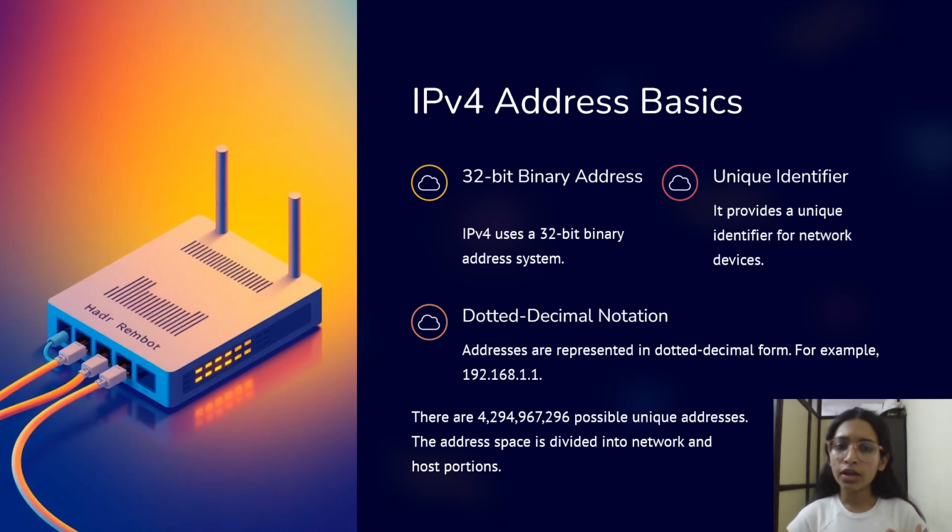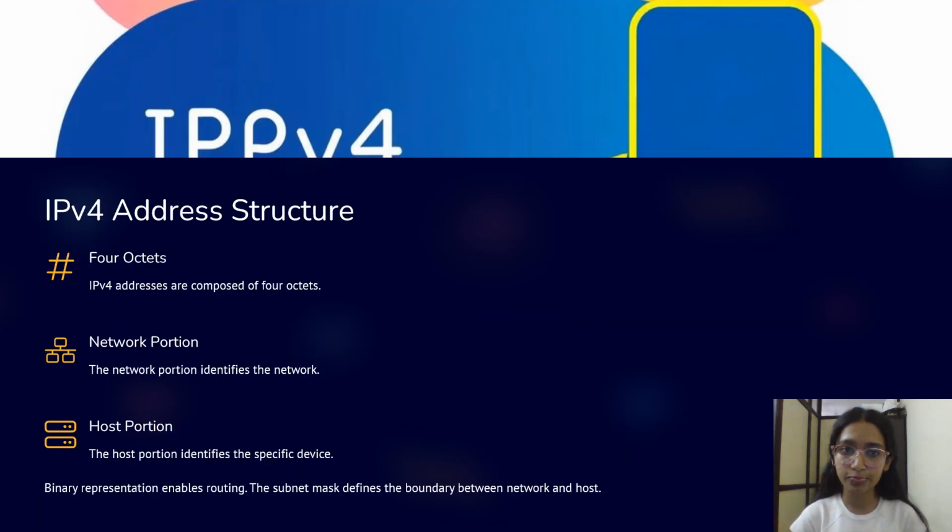Next, addresses under IP version 4 are represented in dotted decimal form, for example, 192.168.1.1. There are over 4.2 billion possible unique addresses under IP version 4. The address space is divided into network and host portions.